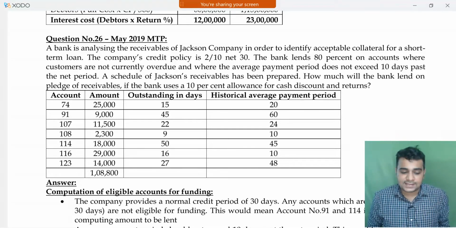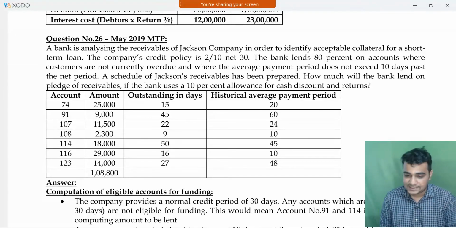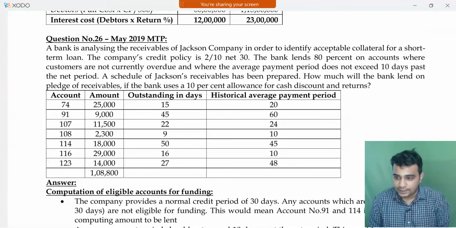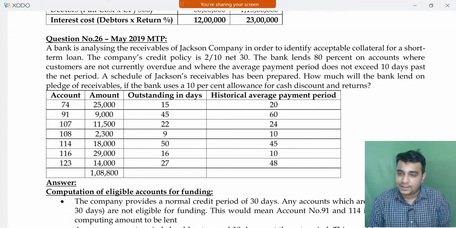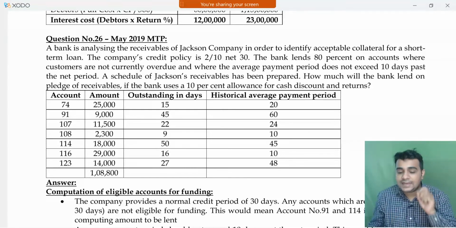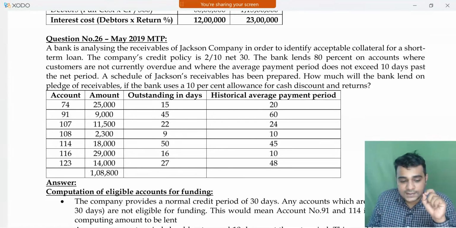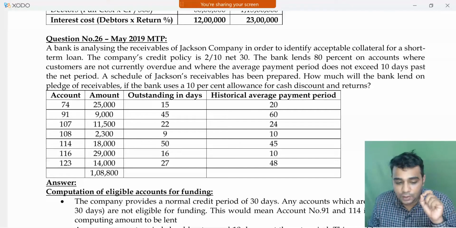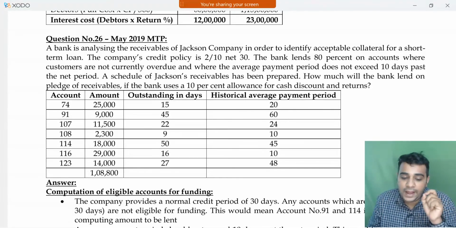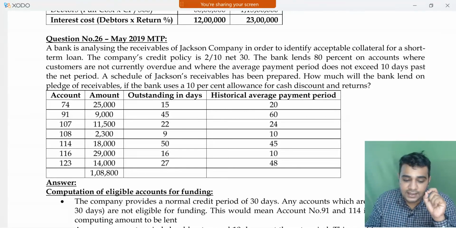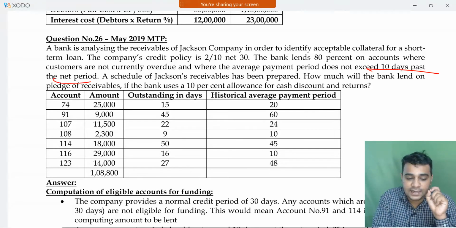A bank is analyzing the receivables of Jackson Company in order to identify acceptable collateral for a short-term loan. The company's credit policy is 2/10 net 30. Bank lends 80% on accounts where customers are not currently overdue and where the average payment period does not exceed 10 days past the net period.